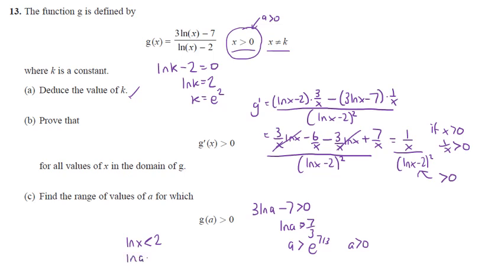So ln a is less than 2, so a is less than e squared. So just to summarize that, a is greater than e to the 7 over 3, or the other two are a compound inequality, so a can be between 0 and e squared.